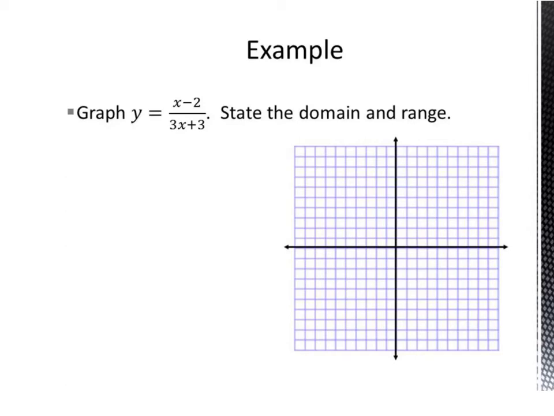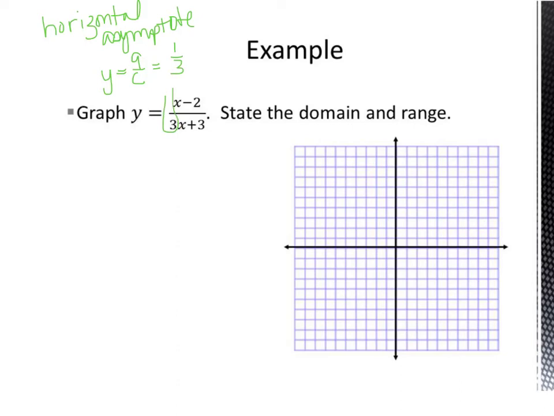Okay, so we're going to graph this, and so the first thing I would find are my two asymptotes. So let's just start with our horizontal one. And you just wrote down that it's a over c, where in this case a is 1 and c is 3.